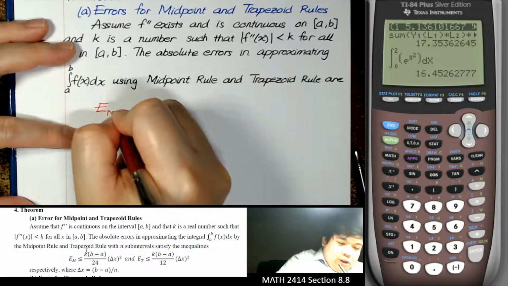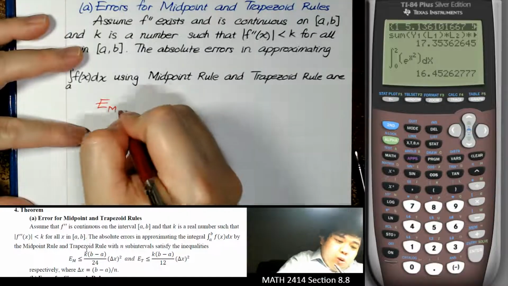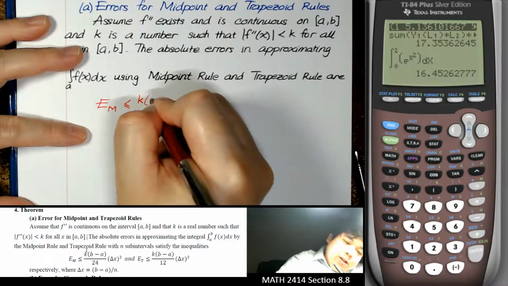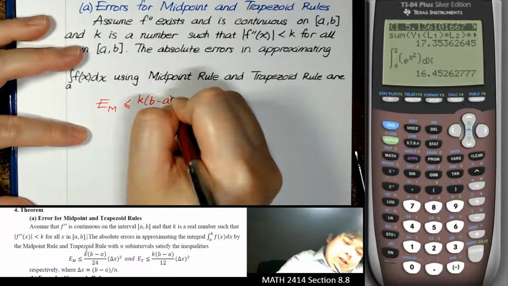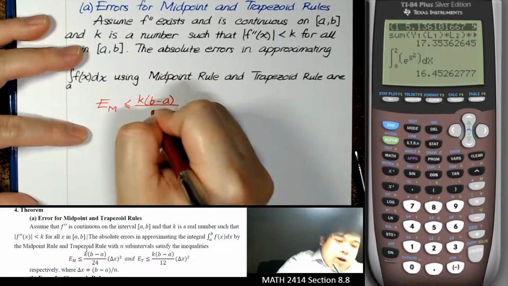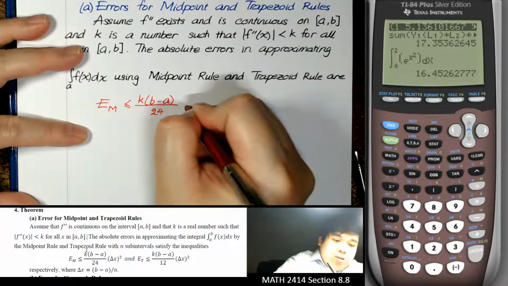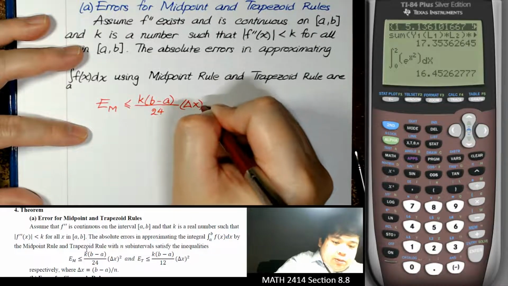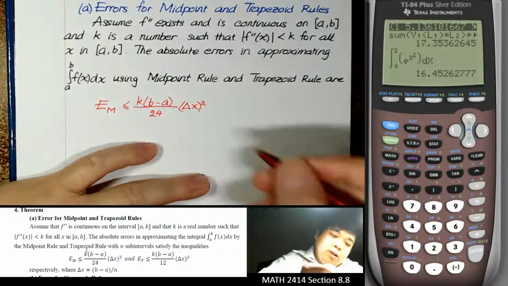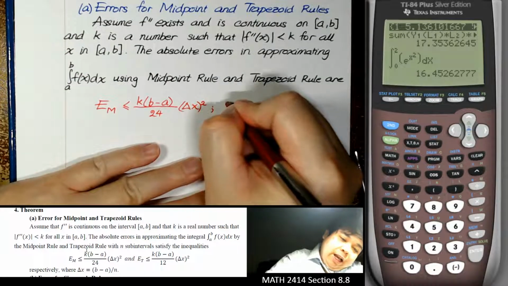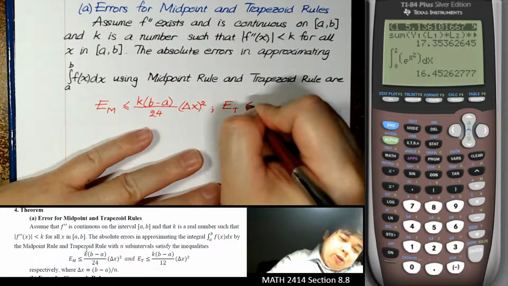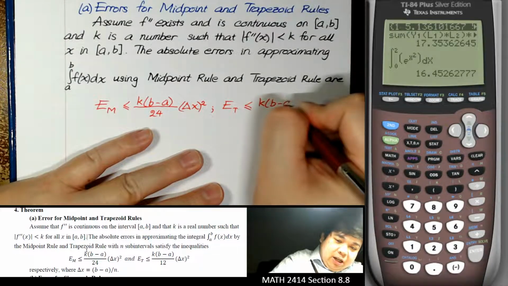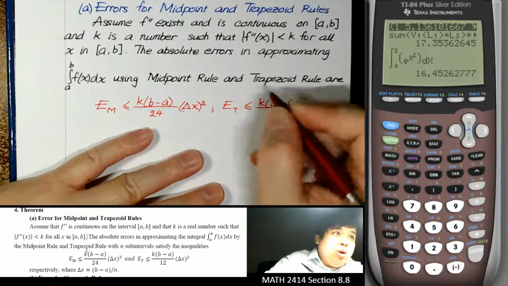The error using the midpoint rule will be less than or equal to K times B minus A divided by 24 times delta x squared. And using the trapezoid rule, less than or equal to K times B minus A over 12.